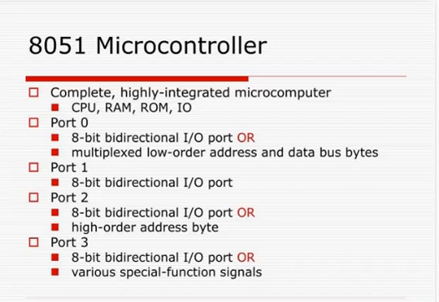Port 1 is an 8-bit bidirectional IO port. Port 2 has two functions: 8-bit bidirectional IO port or high order address byte. Port 3 is an 8-bit bidirectional IO port or various special function signals.